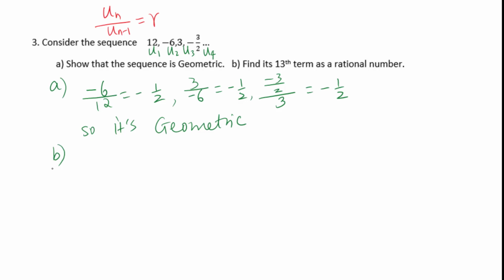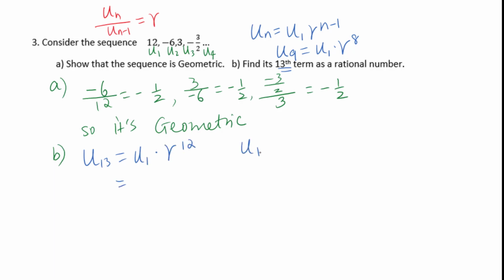For B, find its 13th term as a rational number. For a geometric sequence, we know the general form uₙ equals u₁ r to the n minus 1th power. So if we have u₉ equals u₁ times r to the 8th power, we are looking for u₁₃ equals u₁ times r to the 12th power.